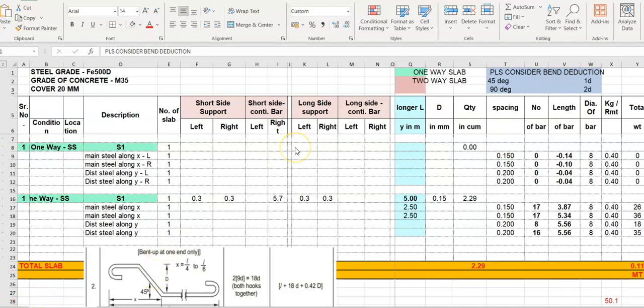This is the Excel format for one-way slab for all conditions.